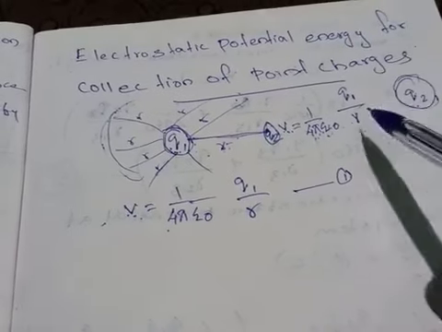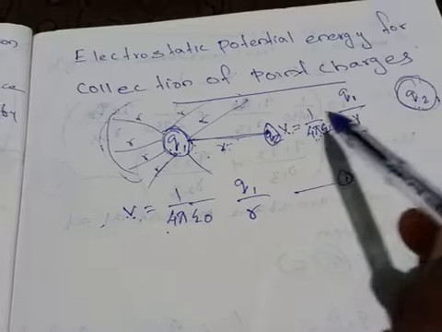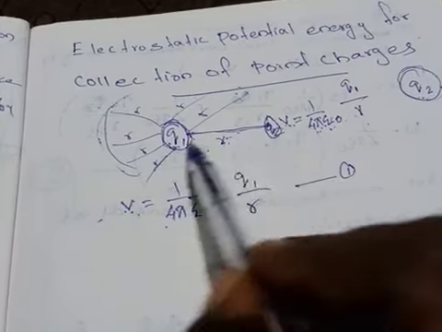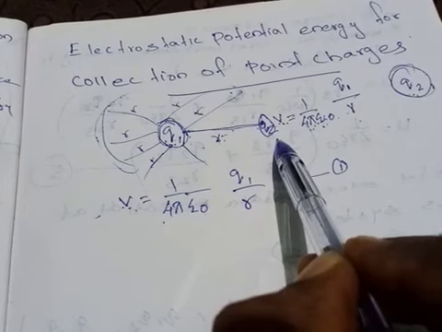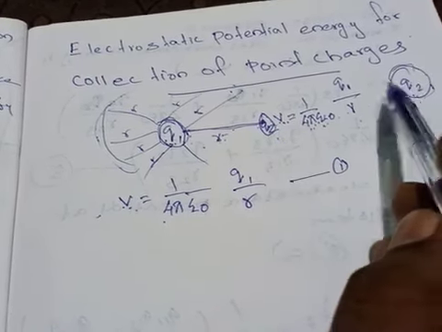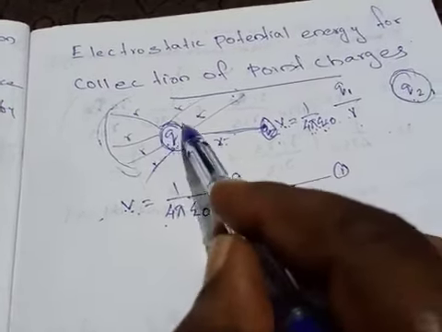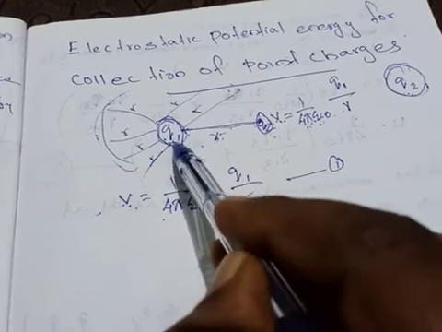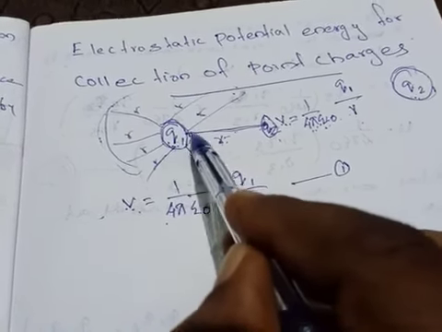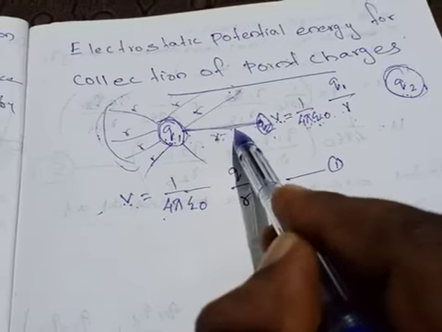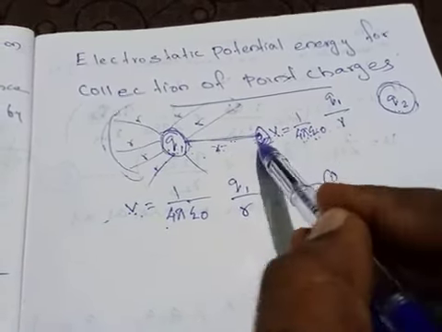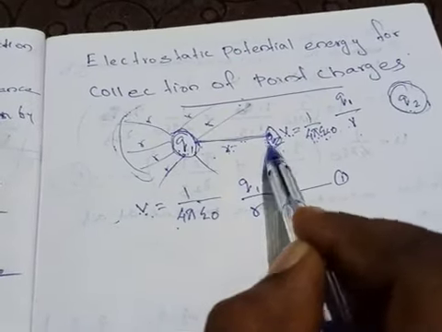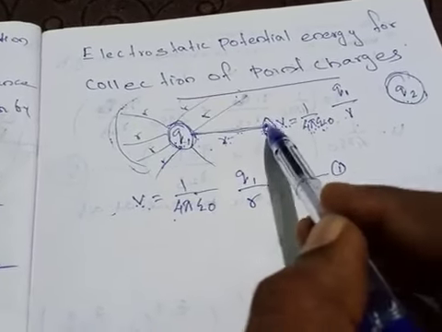Now you see this Q2 is brought near Q1 at a distance R. There is already a charge Q1 here, and you know that if there is a charge, there must be an electric force. So against this electric force we are bringing another positive charge. Positive charges always repel, isn't it?